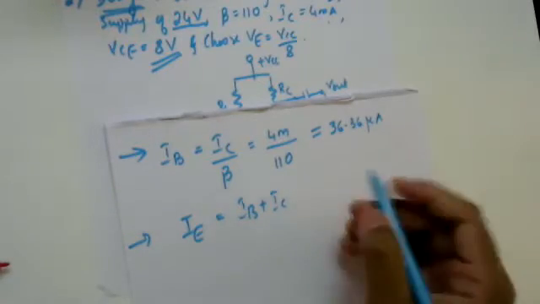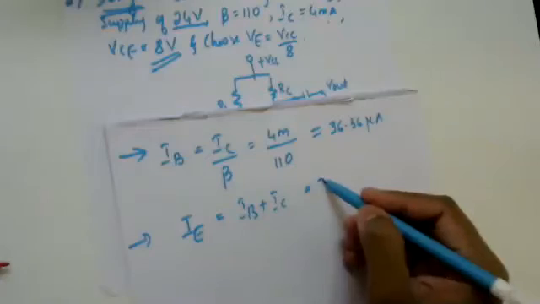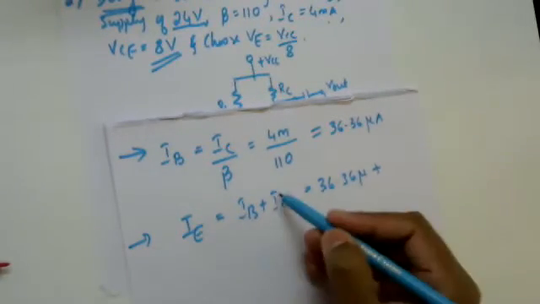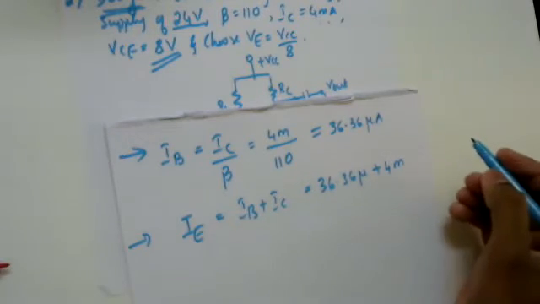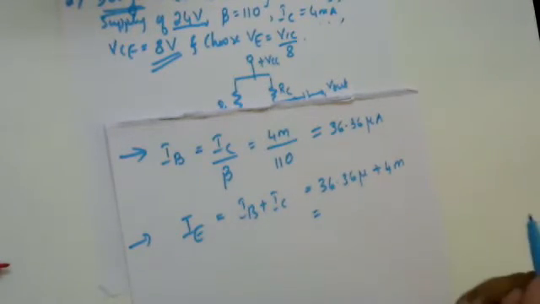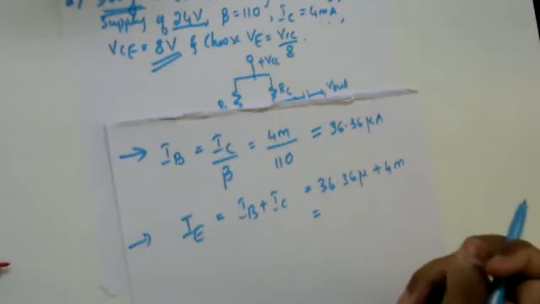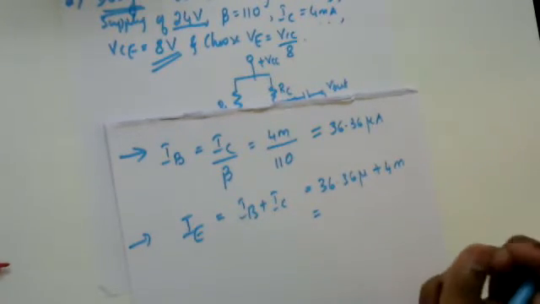What's the value of IB? The value of IB is 36.36 microamps plus, what's the value of IC? The value of IC is 4 milliamps. Then the value of emitter current will be equal to, yes, what's the answer?